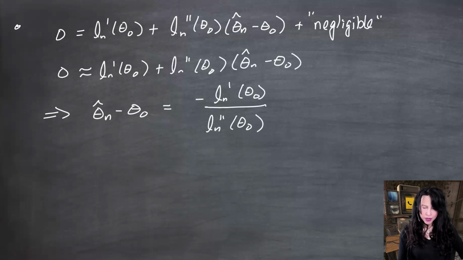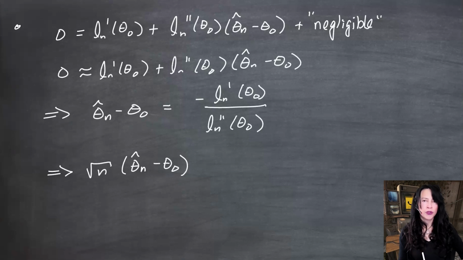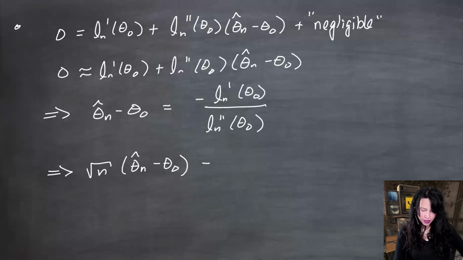And remember what we wanted to show. We wanted to look at the square root of n times this and show that this goes to a normal distribution with mean 0 and variance 1 over the one-dimensional Fisher information.